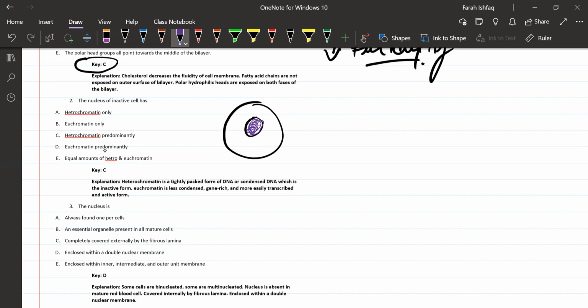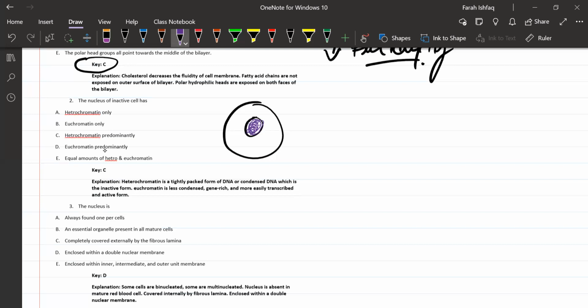So the nucleus of an inactive cell has heterochromatin only, euchromatin only, heterochromatin predominantly, euchromatin predominantly, or equal amounts of hetero and euchromatin. Heterochromatin means the chromatin is not active in the formation of proteins, but some protein process is taking place in the cell, so the heterochromatin only option is not correct.